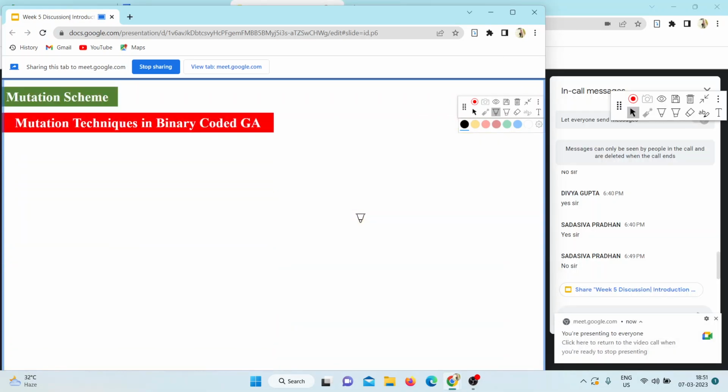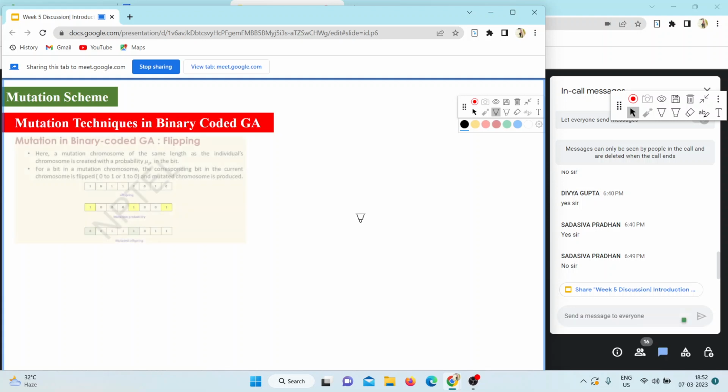So let's move on to the next things. Till now we have finished the crossover schemes. Now similarly, for binary coded GA there are 3 mutation schemes. One mutation scheme I have already discussed in the previous discussion while doing the GA example. Here we will see the other 2 GA mutation schemes. One is flipping, which is the most common.